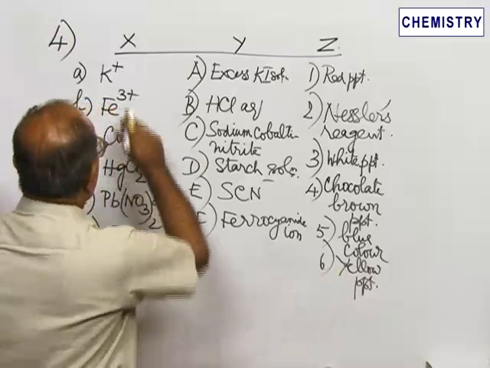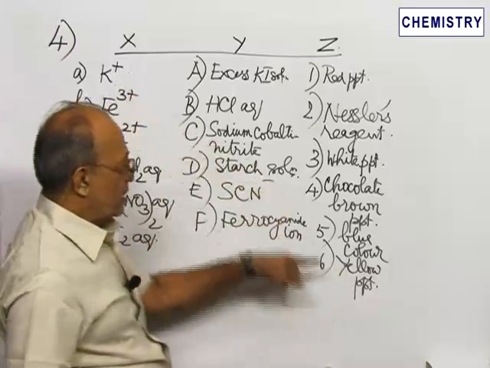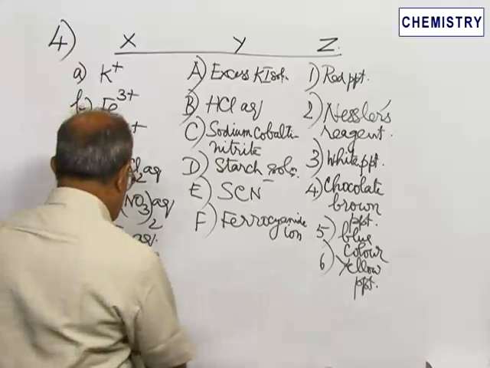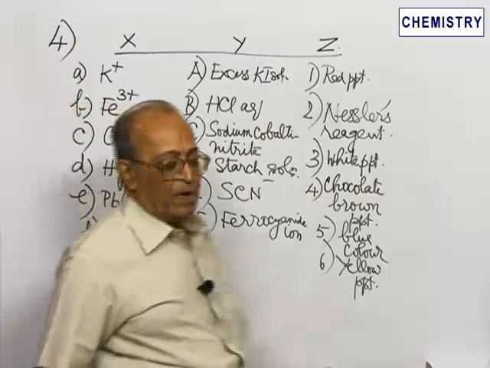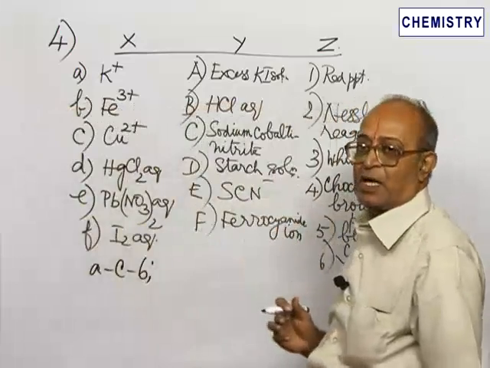So, A, K plus, C from Y, and 6 from Z. So, this is how you have to match.